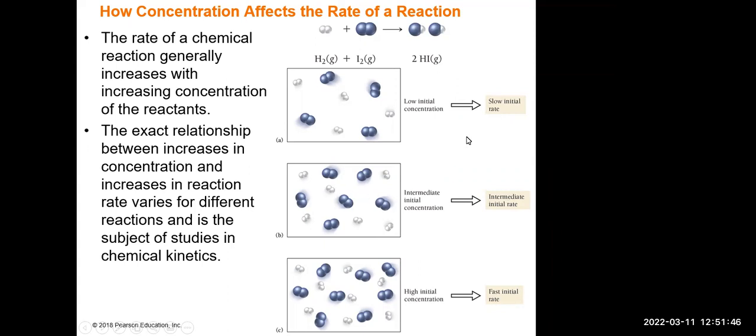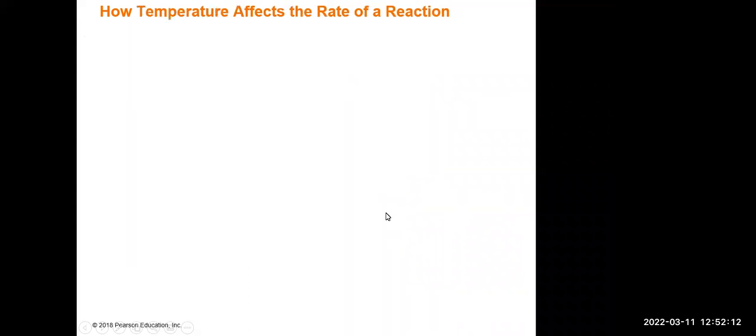So you can make this kind of comparison and see the relationship between the rate and the concentration. The term initial rate just refers to the rate right after you mix the reactants, and as the reaction goes on, the rate will change. The rate will get smaller and smaller because the concentration of the reactant gets lower and lower.